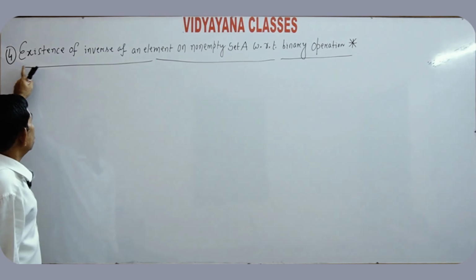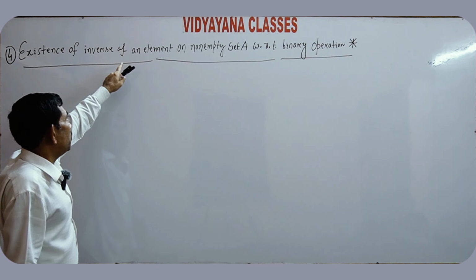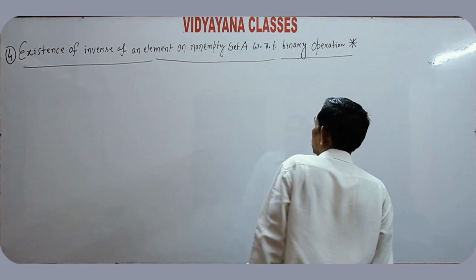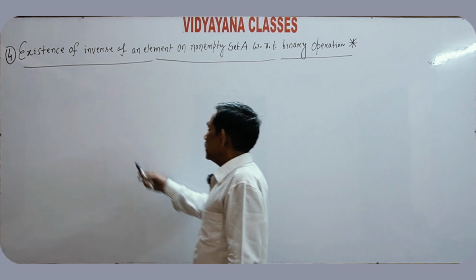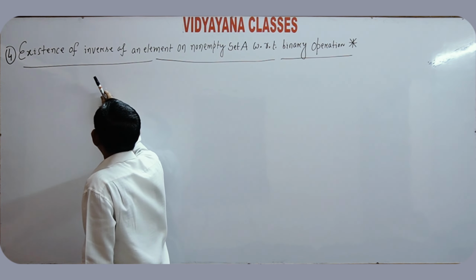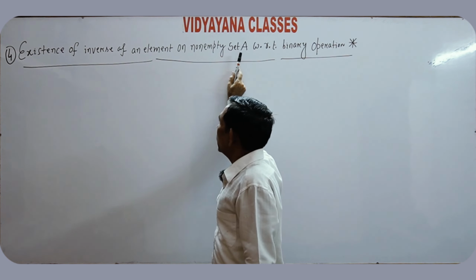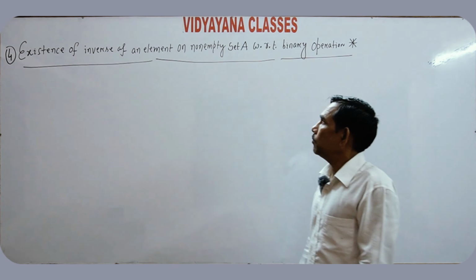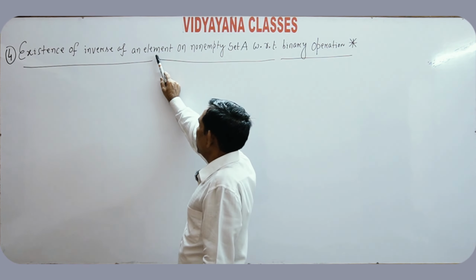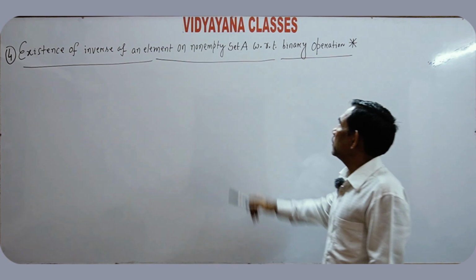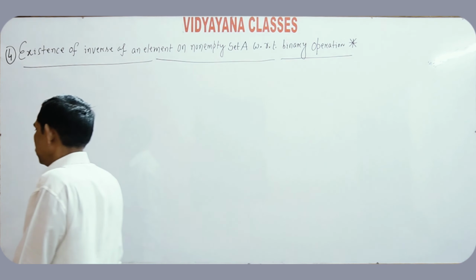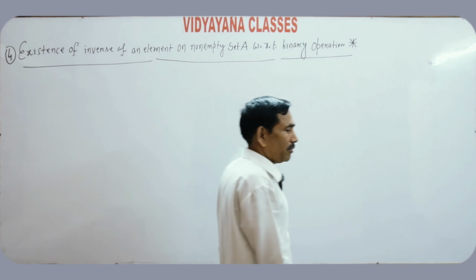Next, fourth case: existence of inverse of an element on a non-empty set capital A with respect to the binary operation star. At what condition does the inverse of an element exist in A when the binary operation is star?